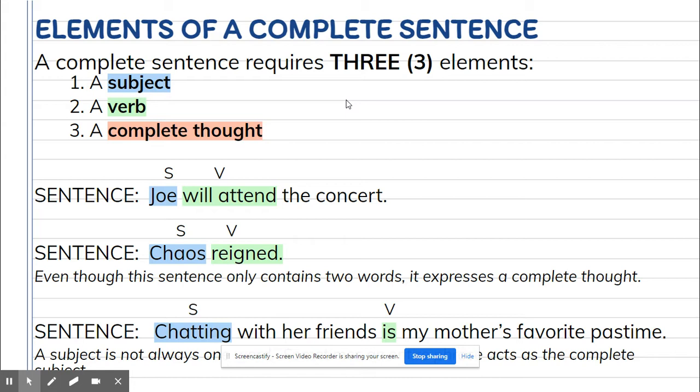Even though sometimes chatting is used as a verb, in this sentence, it's the thing. So chatting is the thing, and it is. That's one of our state of being verbs or our linking verbs. And then this is a complete thought, right? Chatting with her friends is my mother's favorite pastime. Makes complete sense. We can put a period at the end of that and call it a day.